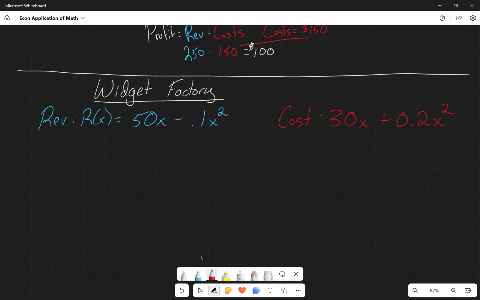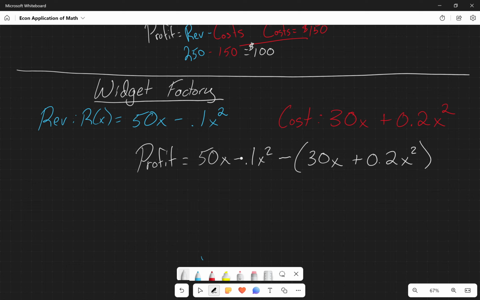And so there's two ways that we can use calculus in order to figure out profit maximization. So we can write profit out, and we can use these functions. And then we can subtract, and we have to use parentheses for the cost because that negative sign from the subtraction gets distributed, right? So this negative sign is going to apply not just to the 30, but also to the 0.2 x squared. So we can write out our whole profit function, right?